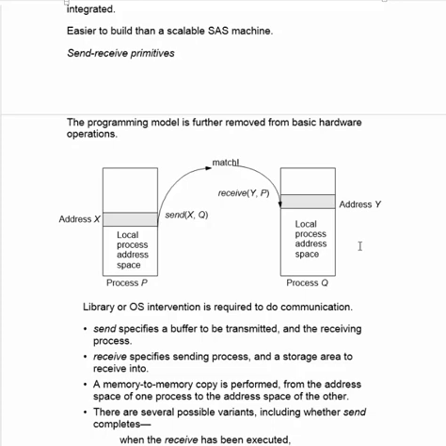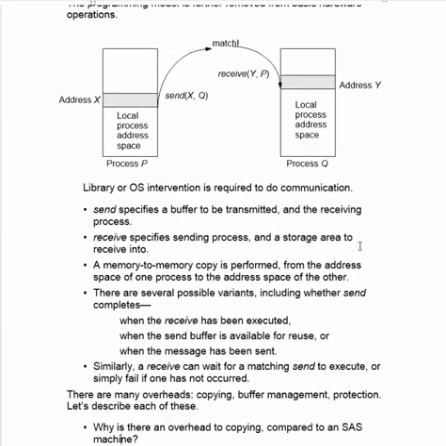And then it also specifies a receiver process, in this case Q. The receive primitive, on the other hand, specifies the location in which to put the information that's received, that's Y, and a process from which to receive it, that's P. So what that does when the send takes place is to transfer information from the address space of process P at address X to process Q at address Y.